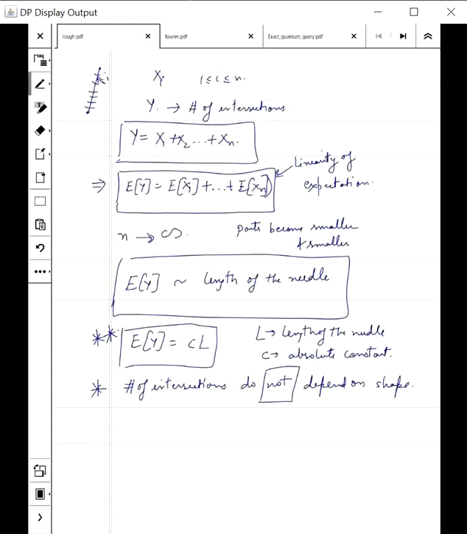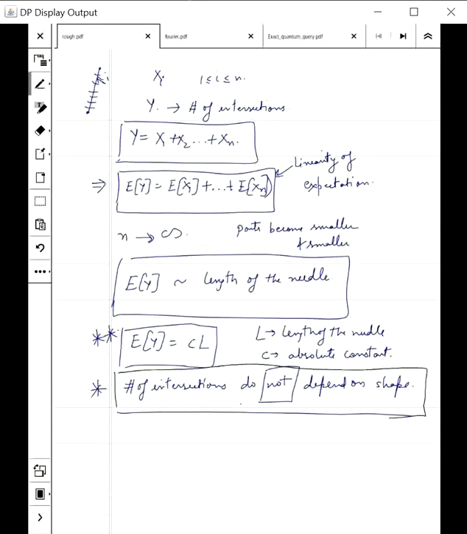The statement of linearity of expectation is pretty simple, and you might have thought of it as a very intuitive thing. But this shows the real power. If in the beginning of the problem I had told you that the expected number of intersections does not depend on the shape, it would have been hard to believe. But this statement comes almost directly from linearity of expectation.